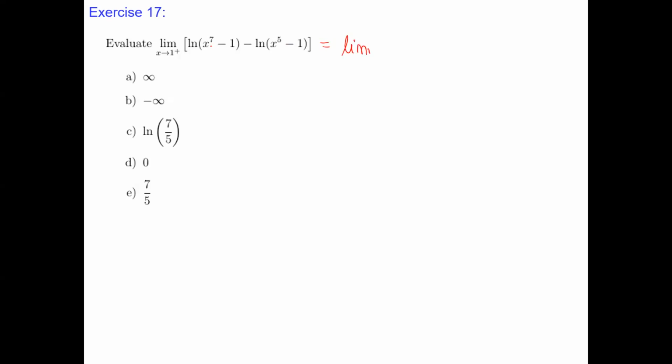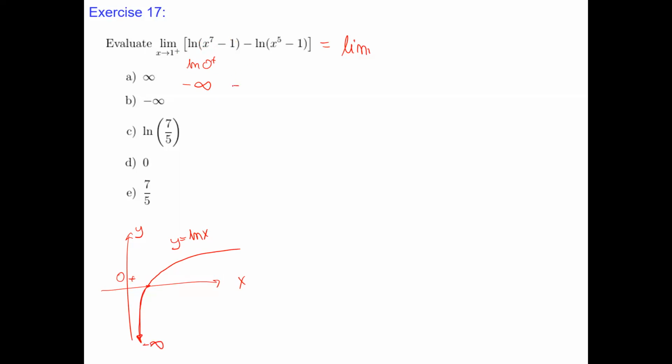Let's actually check. Natural log at 1. That means 1 minus 1, 0. That means this is natural log at 0 from the right-hand side, which is negative infinity. We know that natural log goes down. This is the logarithmic function, ln of x, and at 0 from the right-hand side it goes down.